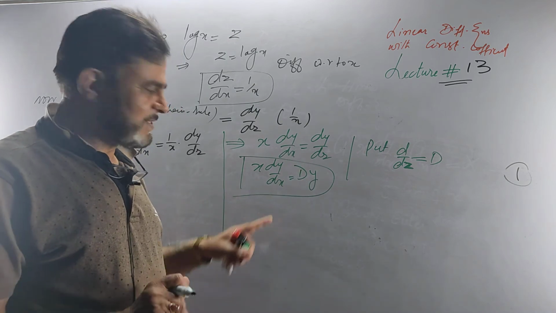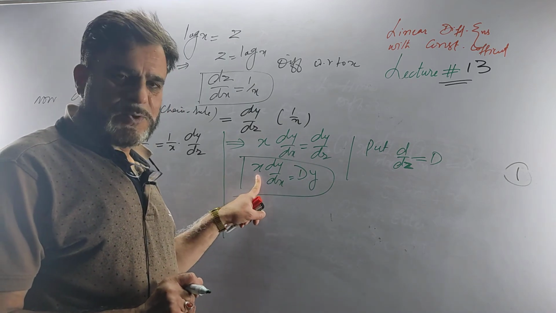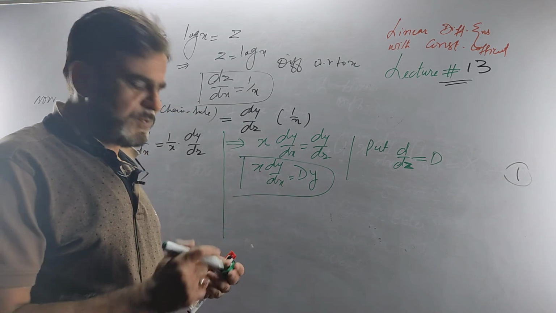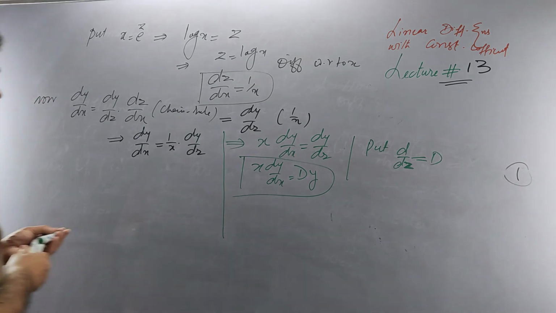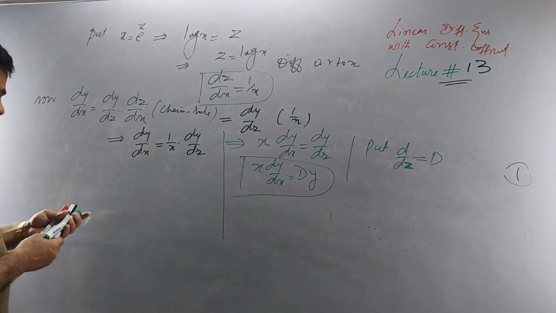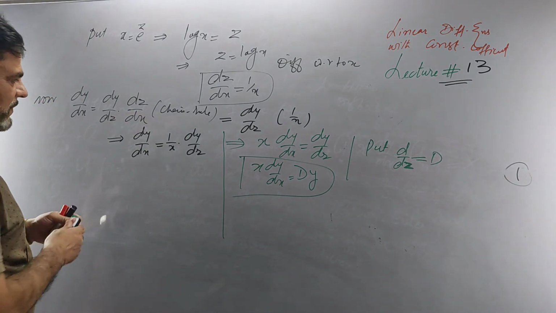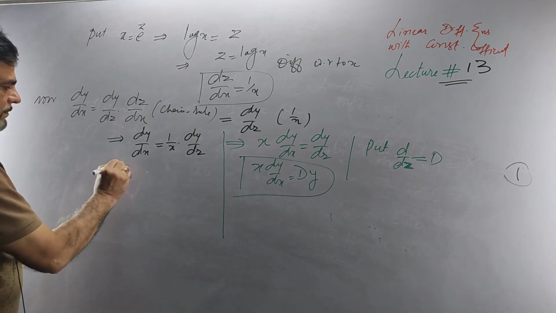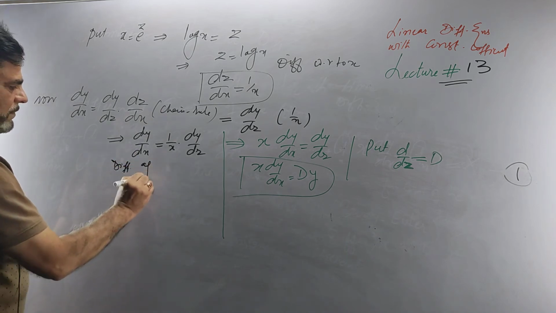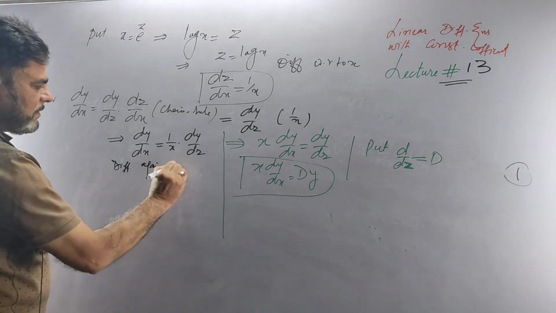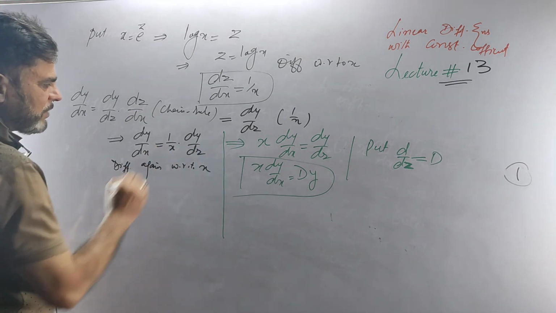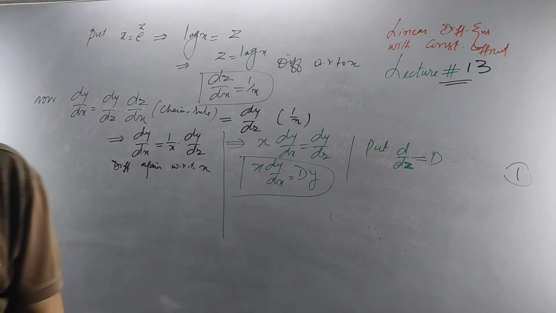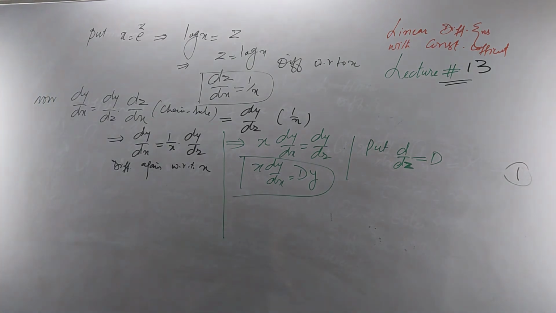You see what happens: the variable coefficients are no longer involved, they go away. Now I differentiate this again with respect to x. Just a minute, we shall first attend the azan.